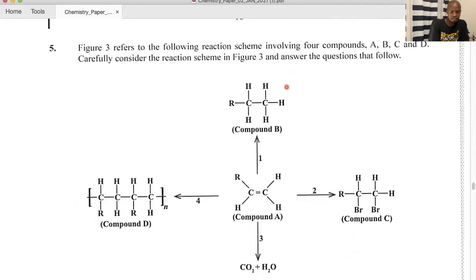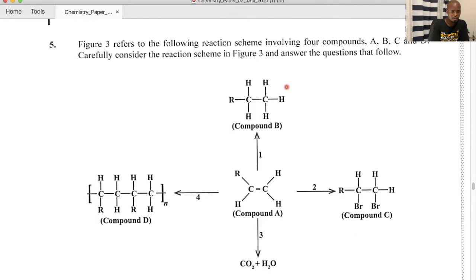Now in number 5, we're looking at reactions of carbon compounds. So we have a scheme here. Figure 3 refers to the following reaction scheme involving 4 compounds A, B, C, and D. Carefully consider the reaction scheme in figure 3 and answer the questions that follow.